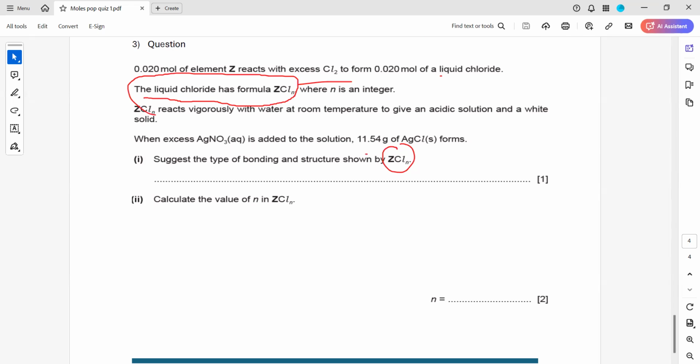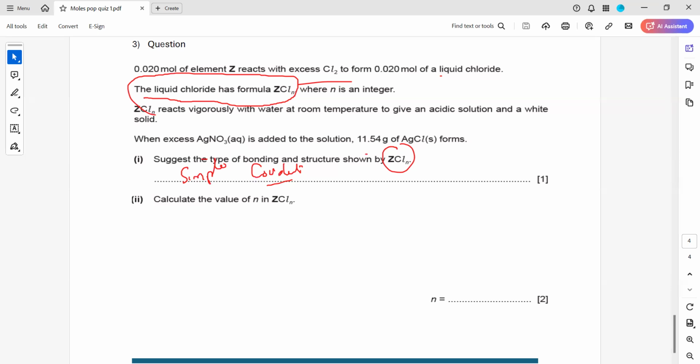If it was a solid at room temperature, then we can say it will be ionic. But in this case, it is covalent. Why is it covalent? How do we predict it? Because it is a liquid. And what kind of covalent? It is a simple covalent, or molecular covalent, you can also say.